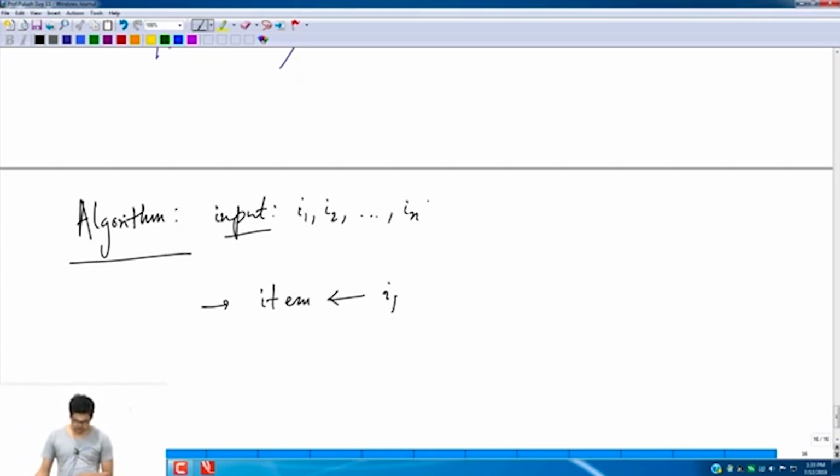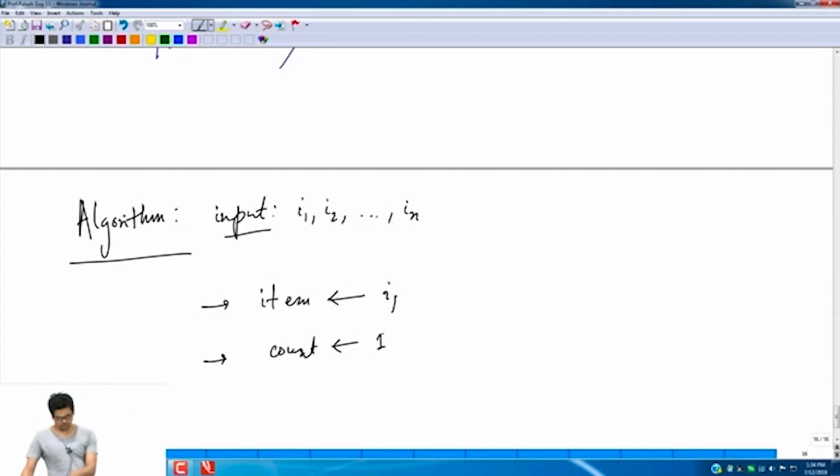Now I am writing an algorithm. I have a variable called item where I am just storing I1 for now. And now for I2 onwards, I have another variable called count, which maintains how many items I have seen so far.